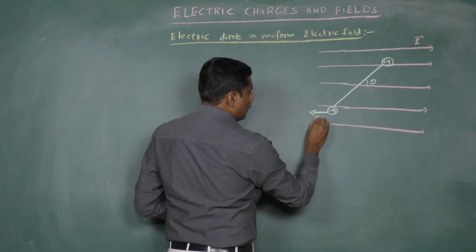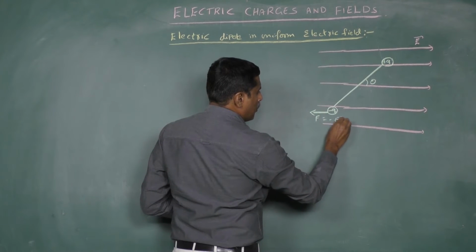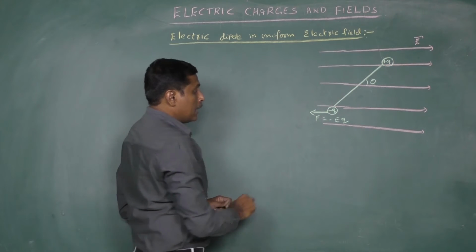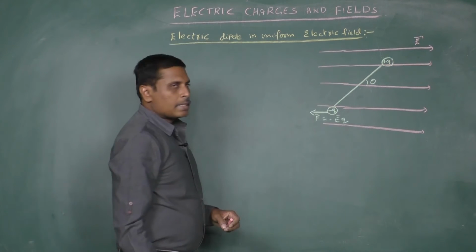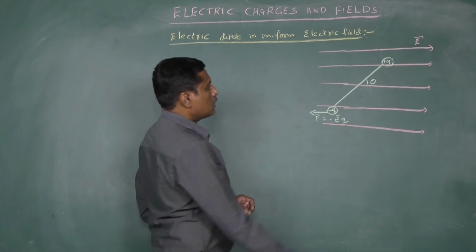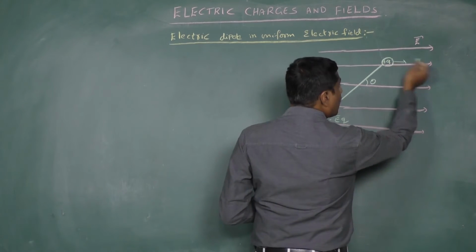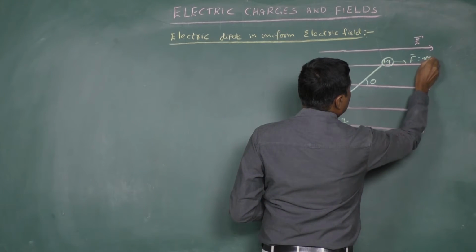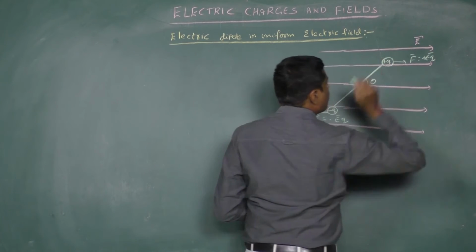For the negative charge, you can write F is equal to minus EQ. At the same time, this positive charge will experience a force in the direction of the field, F bar is equal to plus EQ bar.